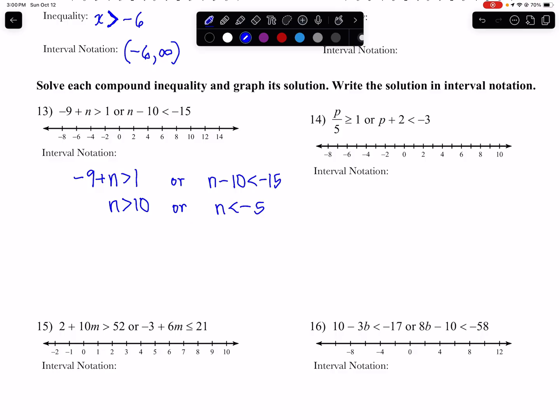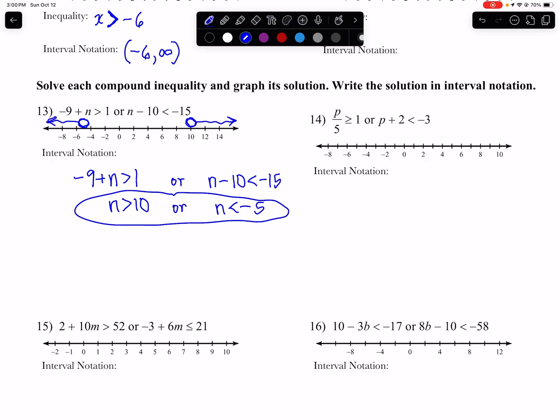Okay, so that is my answer. There's really nothing more you can do. So let's graph it. So open circle at negative 5. Open circle at 10. Now, n is bigger than 10, or n is less than -5.